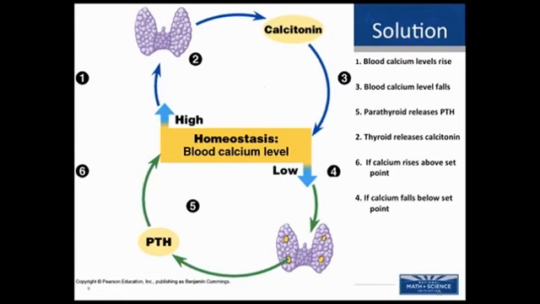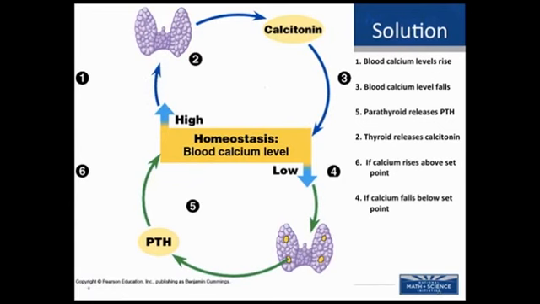If calcium levels drop too low, then they fall below that set point, and our parathyroid gland would produce and release parathyroid hormone, which is going to cause our blood calcium levels to rise above the set point, and that process can return to homeostasis, or we may see again an increase in the calcium levels followed by a decrease when these two hormones are working properly.